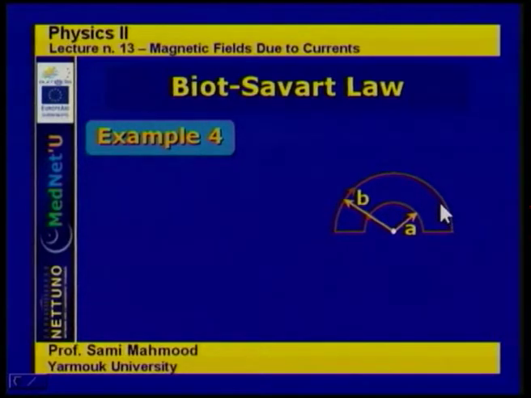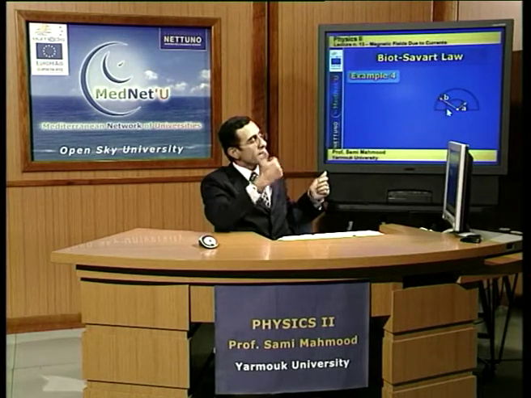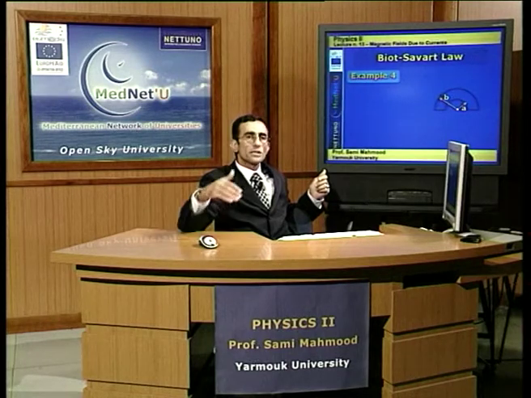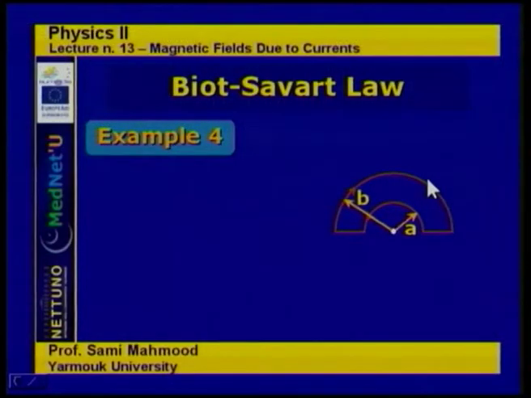But r, which is the radius of the arc, is different. The first arc has a radius of b, which is larger than the second radius, a. Since the same current is carried by both arcs, the magnetic field produced by the smaller arc of radius a, which is directed outside the page, is larger than the field produced by the larger arc of radius b.